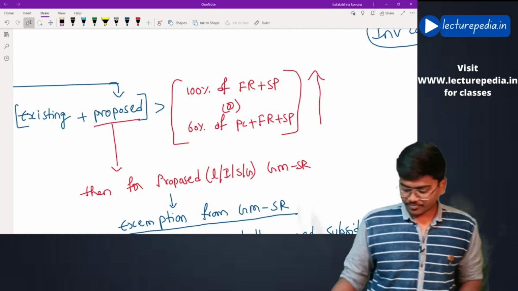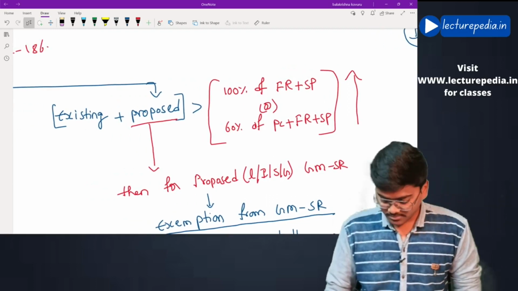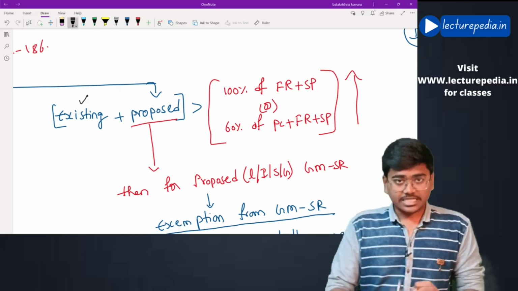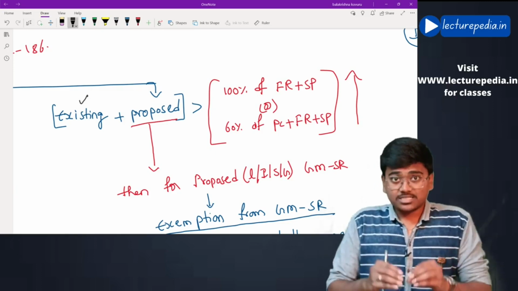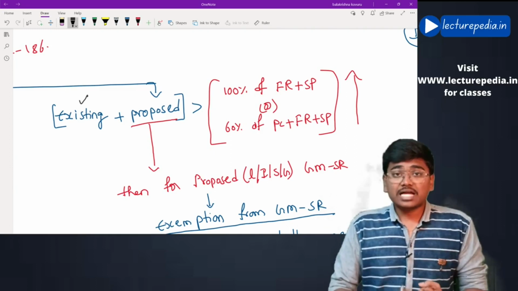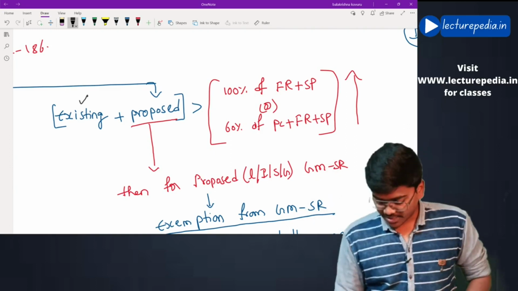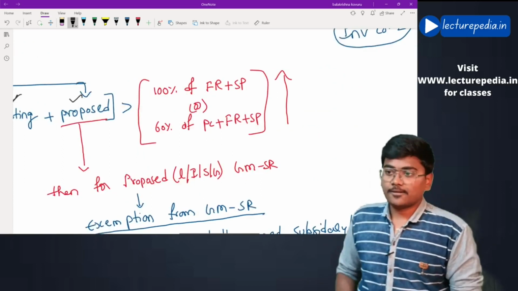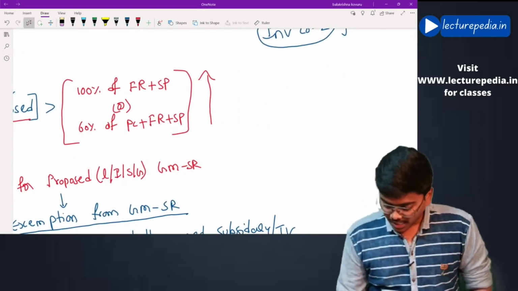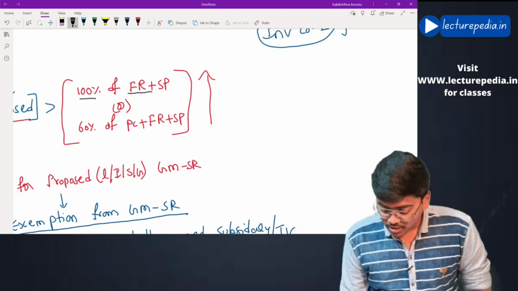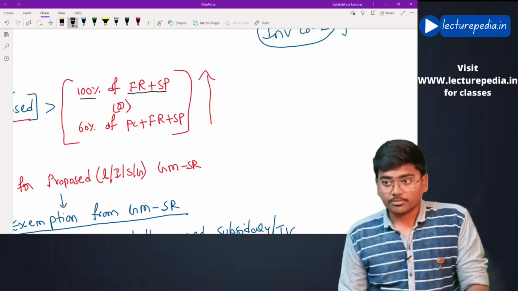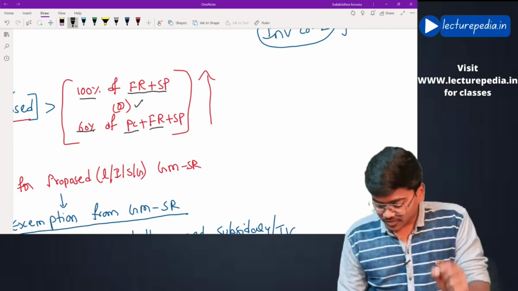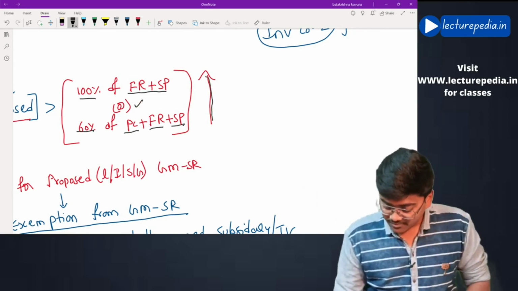What is it? See, existing loans, investments, guarantees, security plus proposed loans, guarantees, investment, securities, that is existing plus proposed, is more than 100% of free reserves plus securities premium or 60% of paid up capital, free reserves, securities premium, whichever is higher.